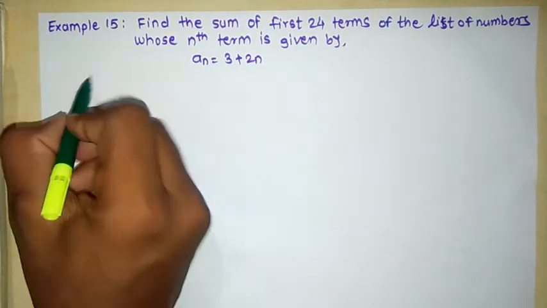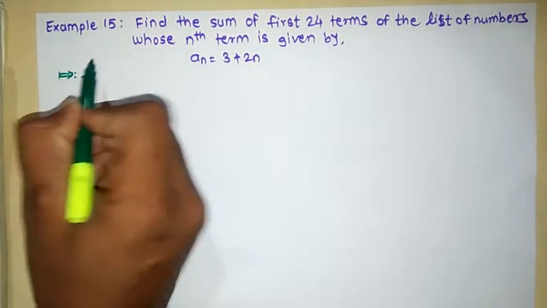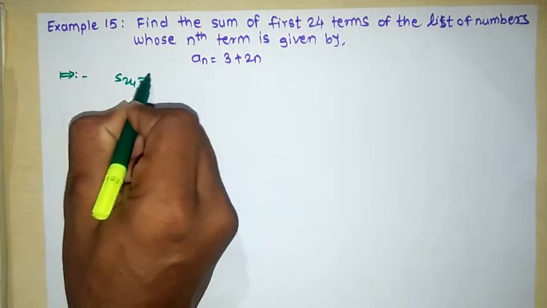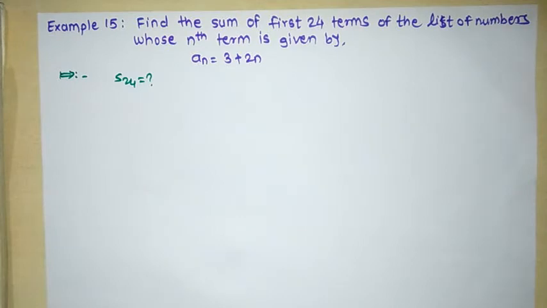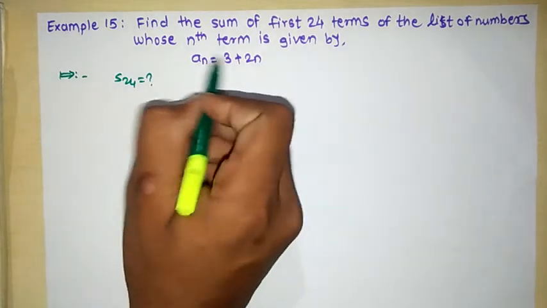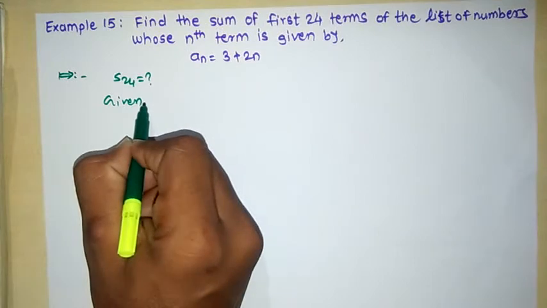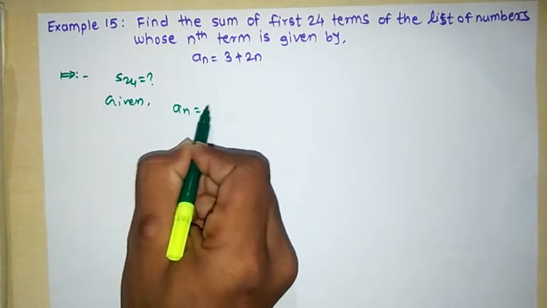Now see here, what we have to find is the sum of the first 24 terms, that is S24, of the list of numbers whose nth term is given as an is equal to 3 plus 2n.